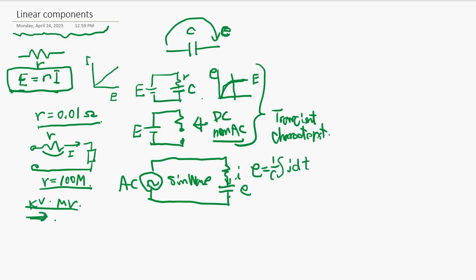So this is the charge stored. Basically, Q is the time function of the charge stored in the capacitor, divided by the capacitance, which gives the voltage, right?